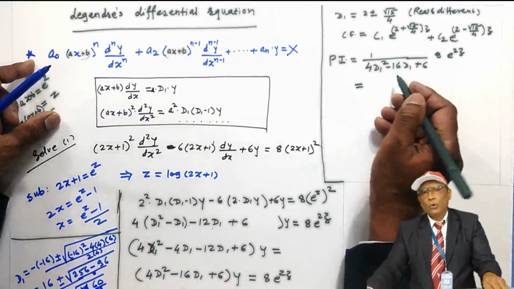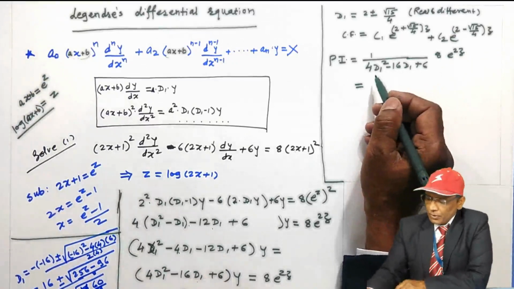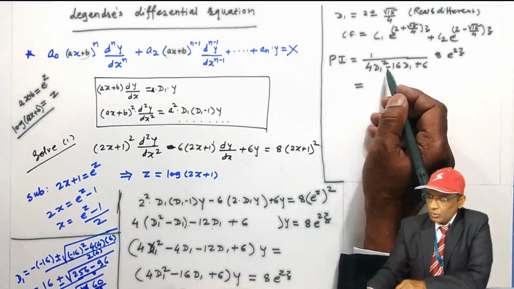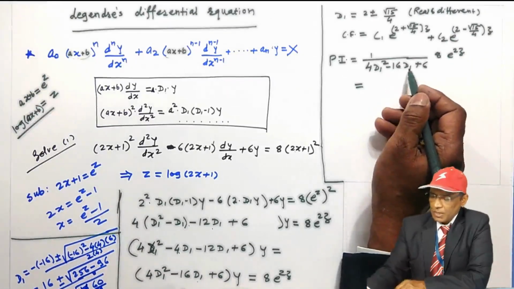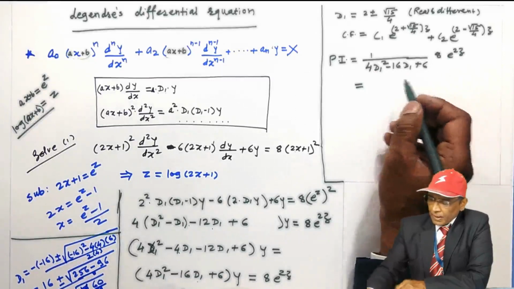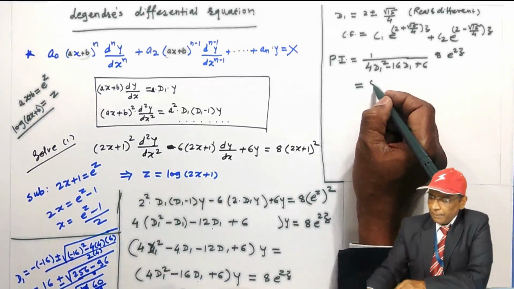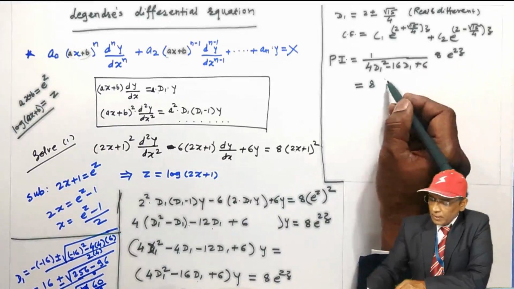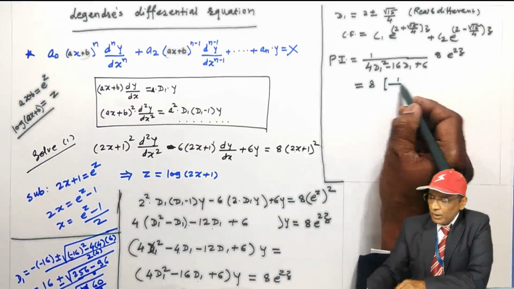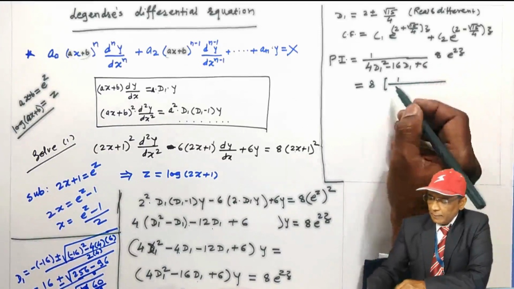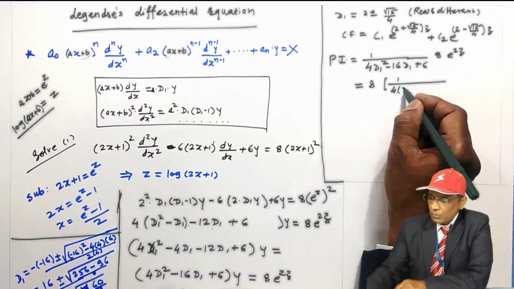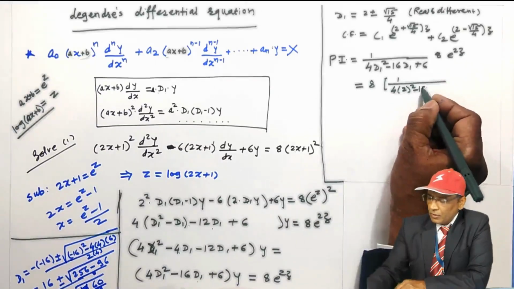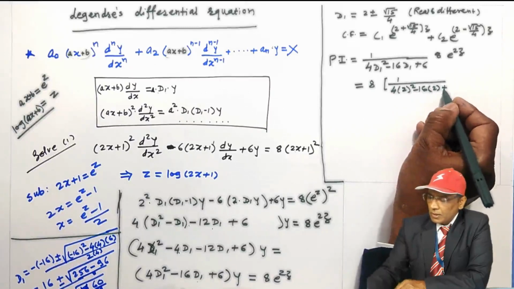You can take 2 common also. How to operate the operator on e to the power z? Put D1 equal to 2 directly: 4 into 2 square, minus 16 into 2, plus 6. That's all.